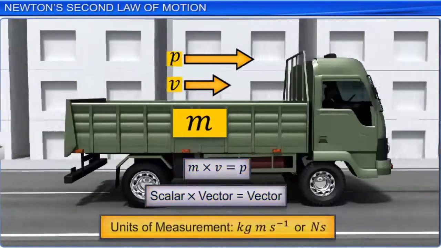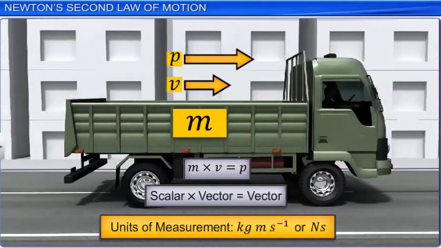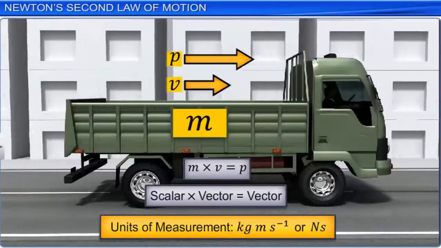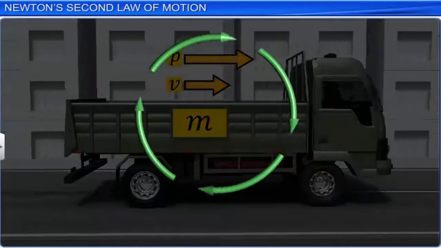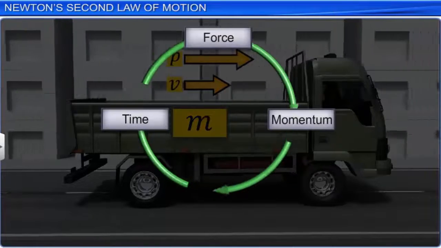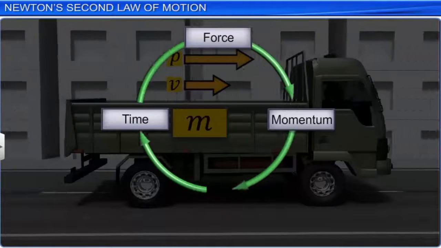In the SI system, momentum is measured in kilogram meter per second or Newton second. Force, momentum and time are interrelated. Let us check some scenarios to illustrate this.